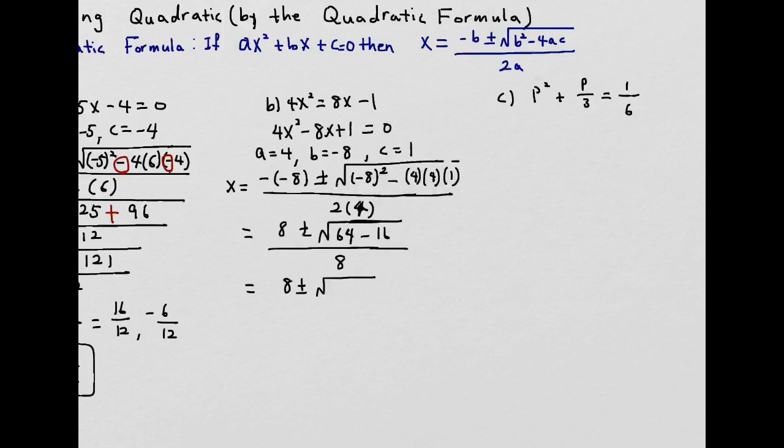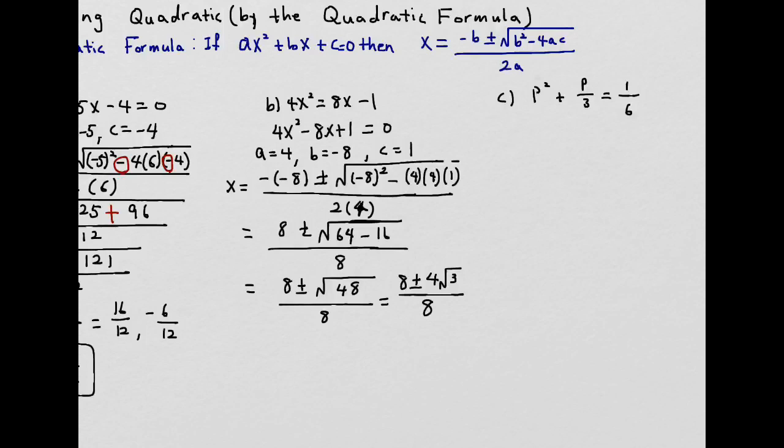So then you're doing 64 minus 16, you get 48 over 8. And we should be able to simplify square root of 48 into 4 square root of 3.